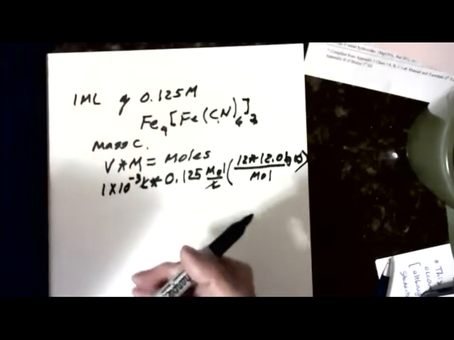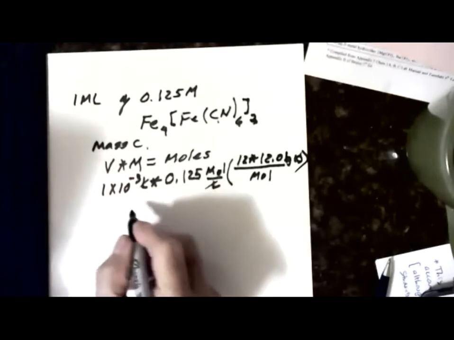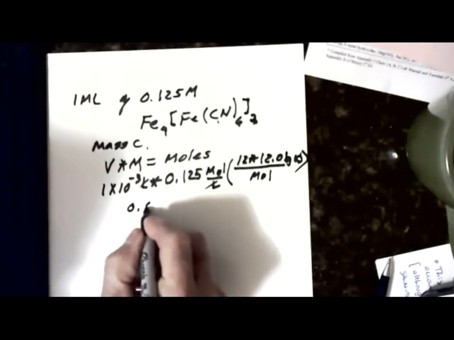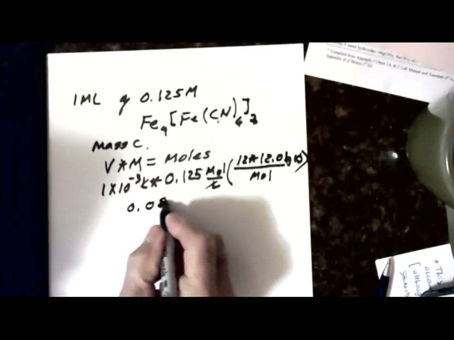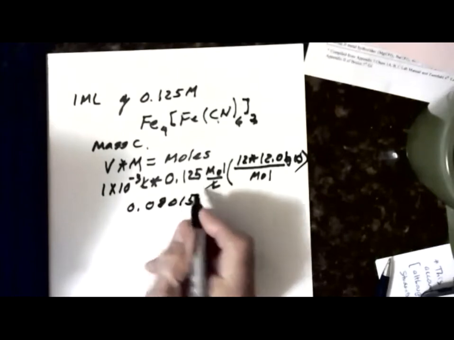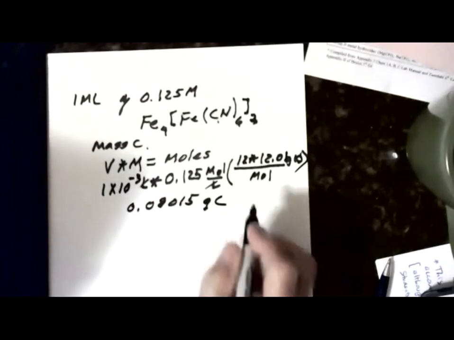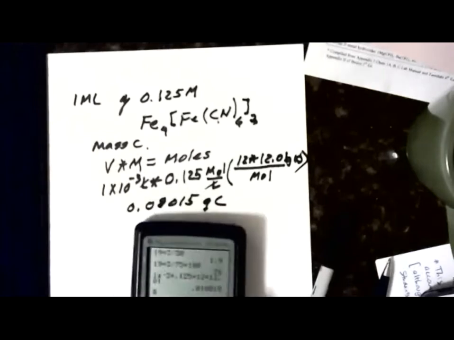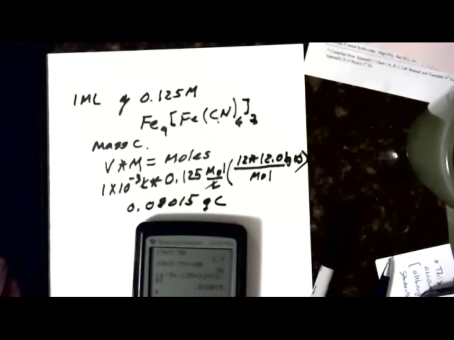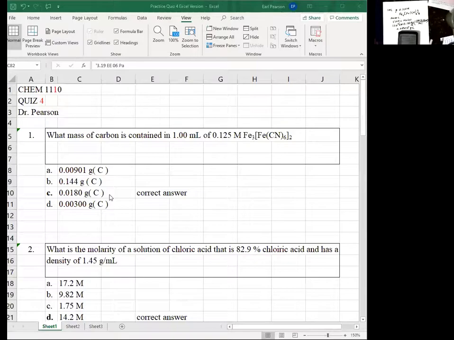And if I do that, I come out with 0.08015 grams of carbon. And if we switch back, we can check to see if that's the correct answer. And you should see it. Yes, there we go. So any of you have any questions about that?